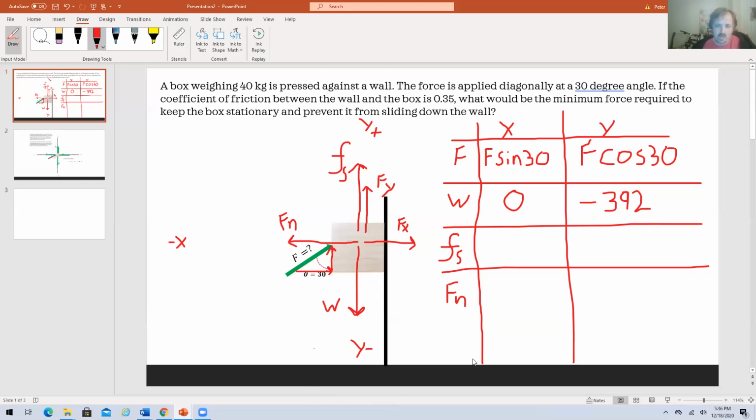Okay. All right, so moving on to friction. Again, static frictional force is going to be one of these forces that does not exist in the x-axis. So we're going to say that this is 0 in the x-axis.